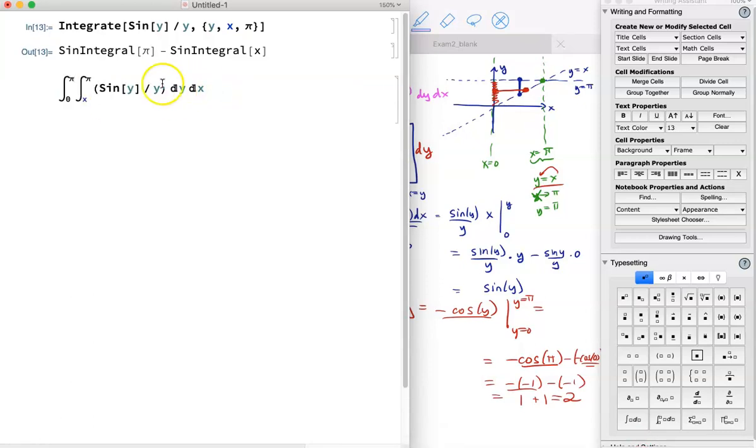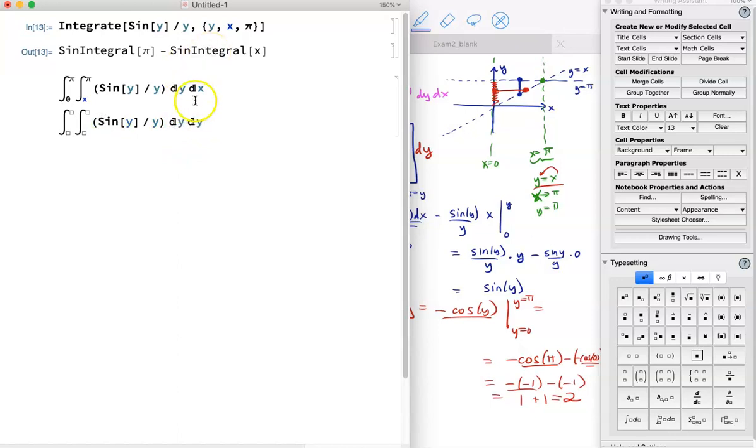But we can set that up in a reverse order of integration. And to do that, we had to sketch the region. And now we're going to integrate the same function, sine of y divided by y. Put parentheses around that function. It'll help the computer separate the function from the dA.